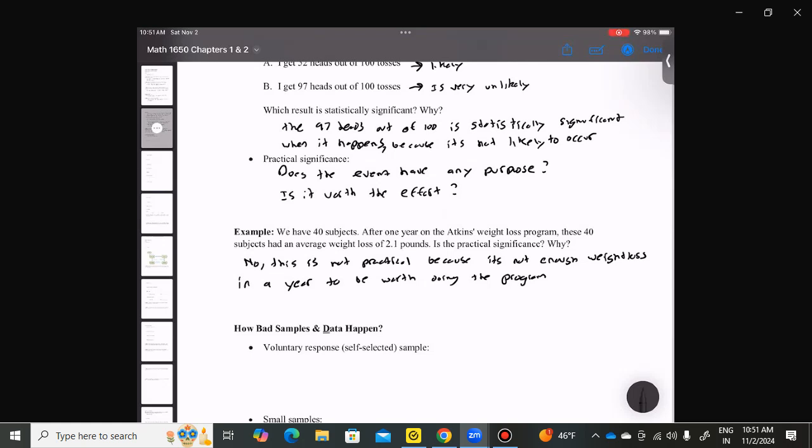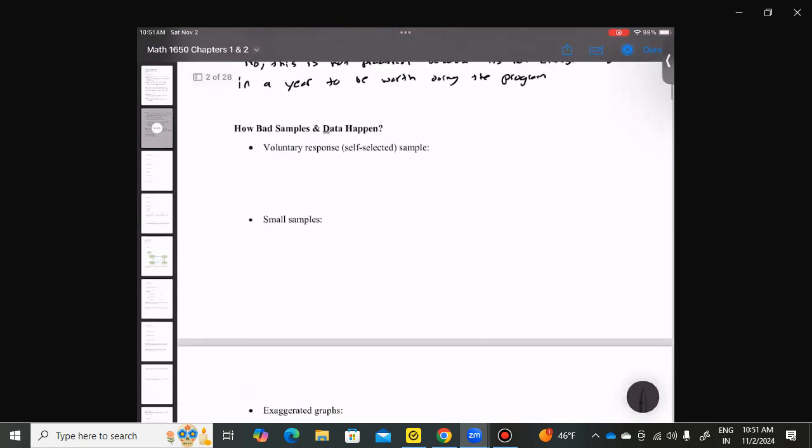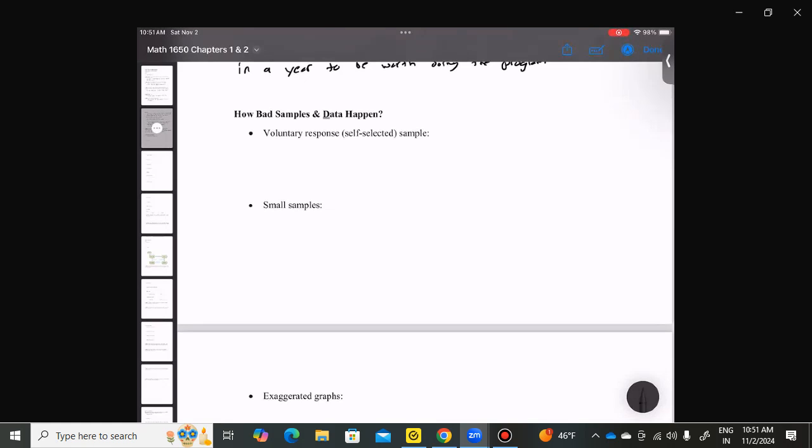All right. So now we're going to look at some types of samples that can be considered bad samples or bad sampling methods, and what can happen with these samples. The first one is a voluntary response or self-selected sample.